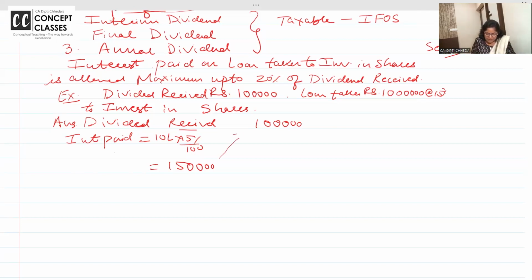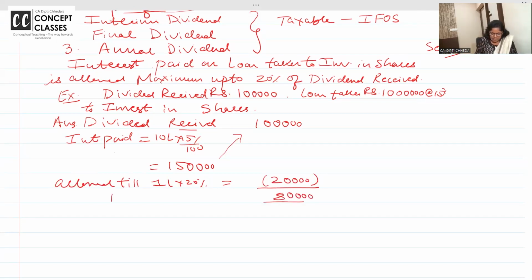Interest paid is 1,50,000 is related to this, but allowed till 1 lakh ka 20%. Whatever interest you have paid, only 20% related to that is allowed, and 80,000 is the dividend taxable. Super clear to all of you? All the kind of interest are taxable.